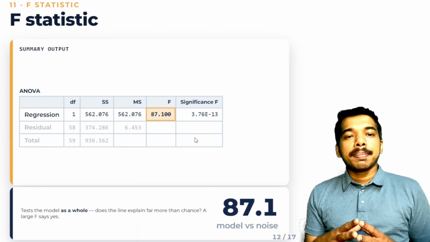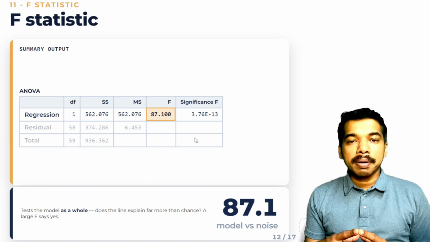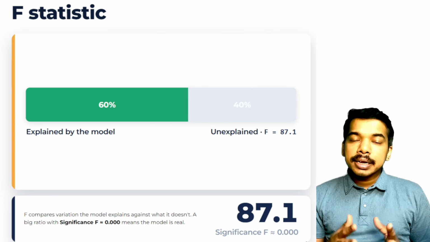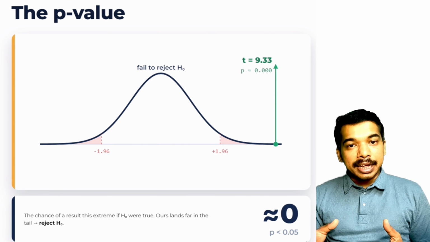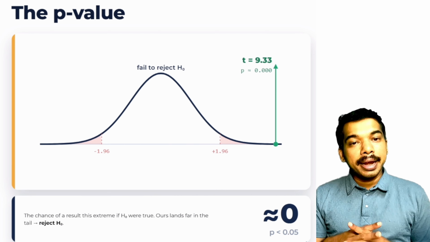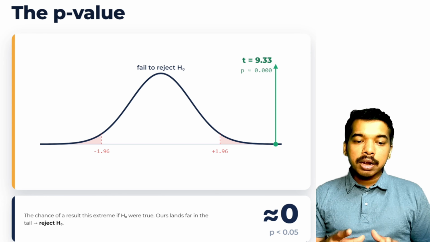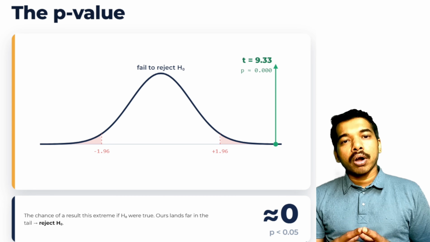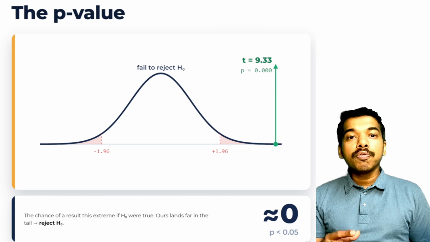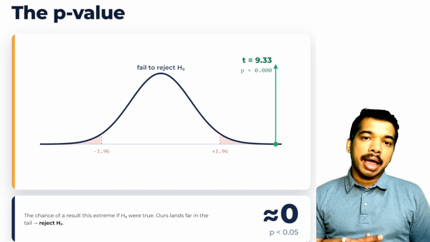Next, the ANOVA table we have seen. Here, the F statistic we got is 87.1. It tests the model as a whole against the variation that is not explained by ad spend, the independent variable. So here we are going to study: is this model a good fit to forecast the monthly sales based on ad spend?